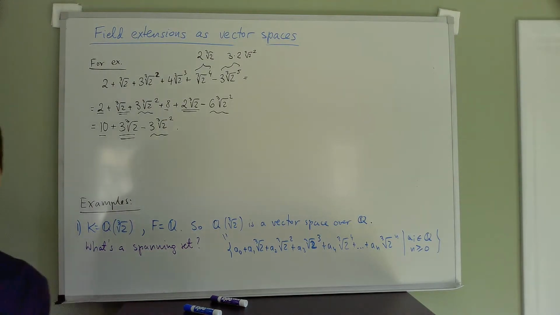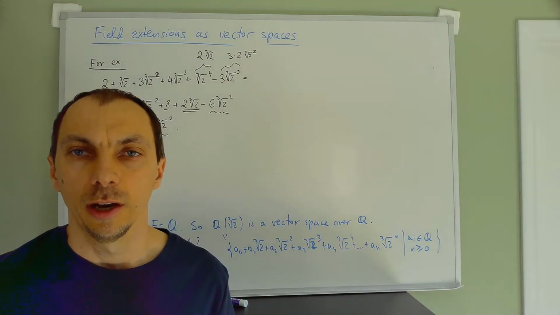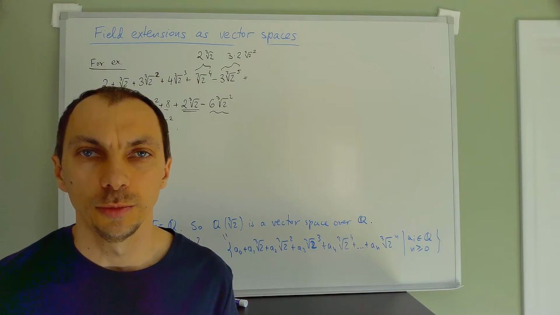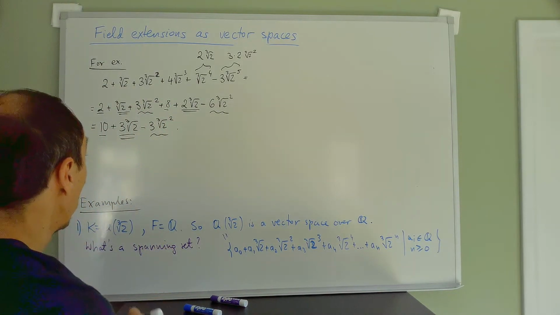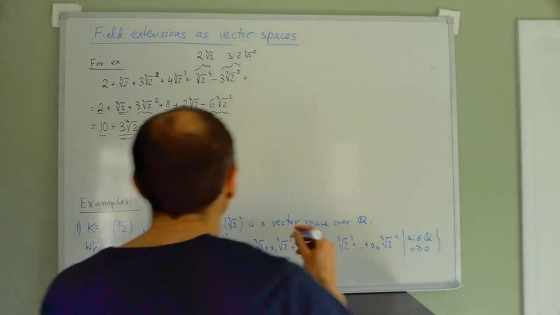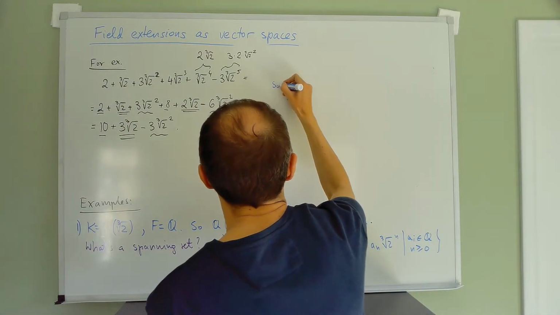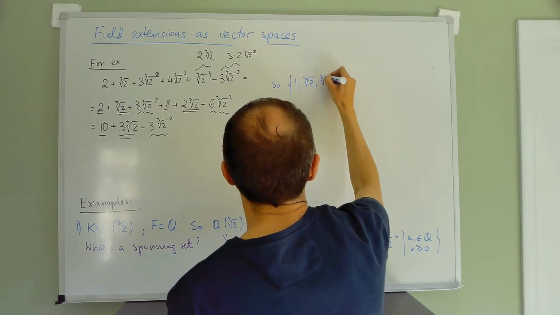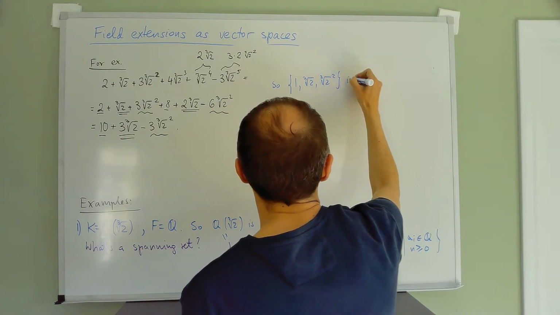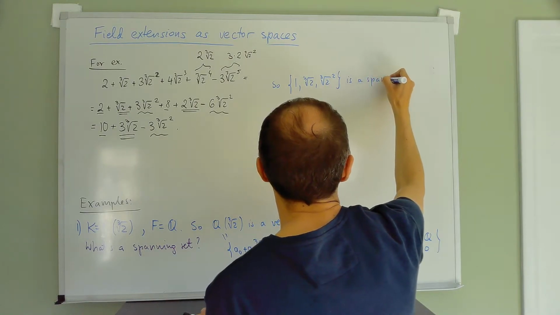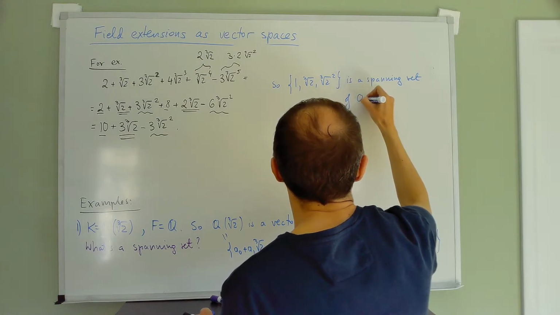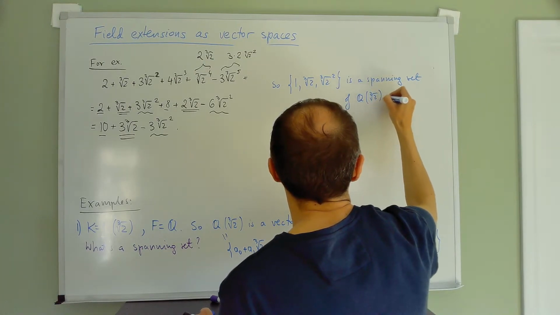So I never really need any power of cube root of 2 higher than cube root of 2 squared. As a conclusion, 1, cube root of 2 and cube root of 2 squared is a spanning set of this field over Q.